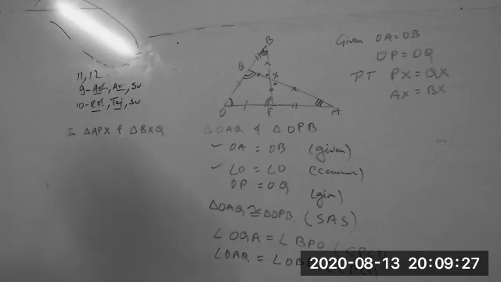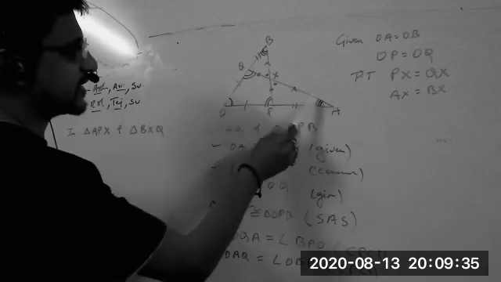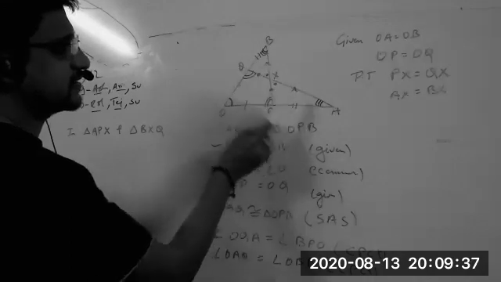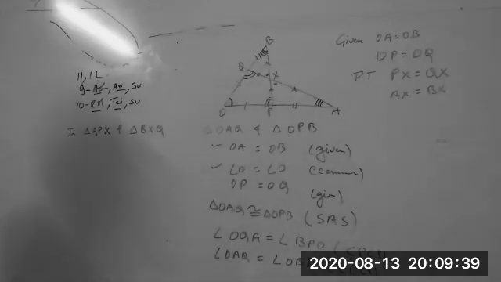Sir, I proved it with AS. Which one? Now this angle and this side. I did it in a different method. I first took triangle OQA and OBP. Then OQ is equal to OP, it's given.